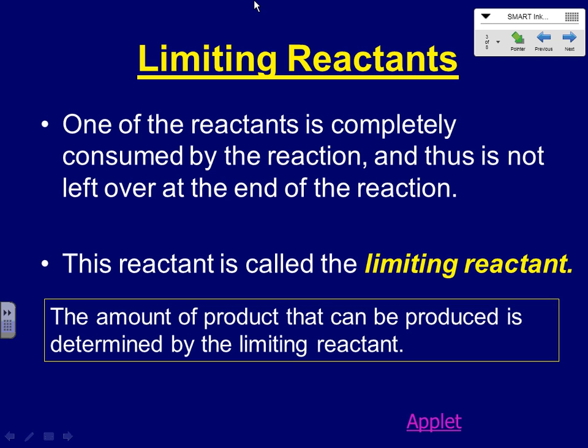In any manufacturing process, you can have this excess and limiting reagent situation. Sometimes when I've taught this, I've used manufacturing bicycles as an example. If you were a bicycle manufacturer, then you need a bunch of wheels, and you need some frames and some handlebars and some seats.